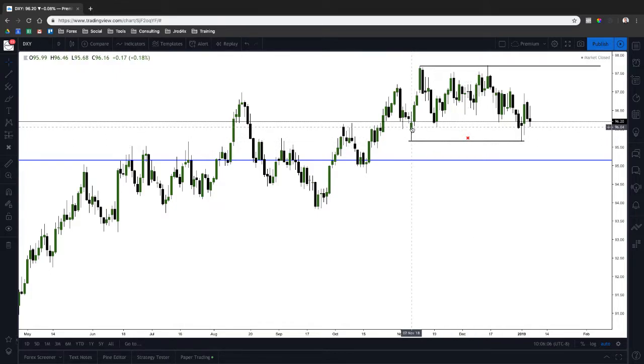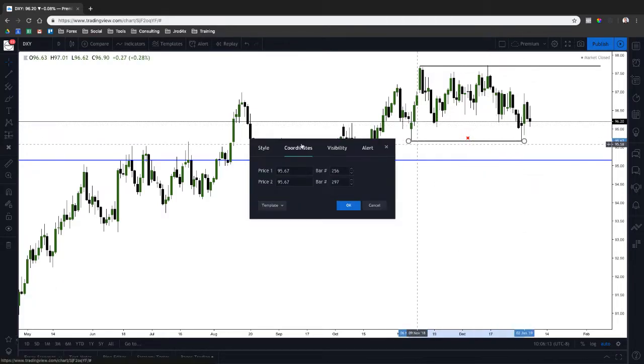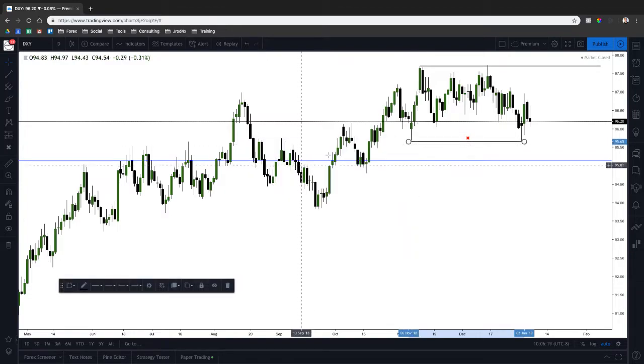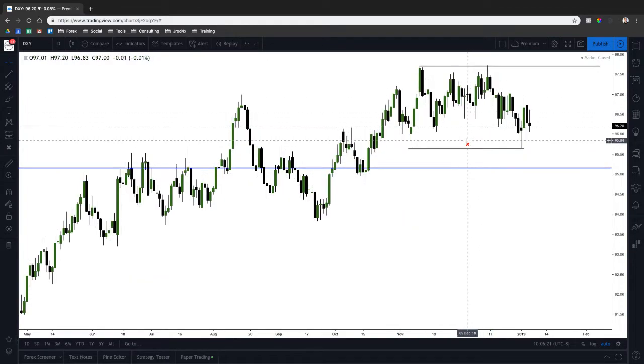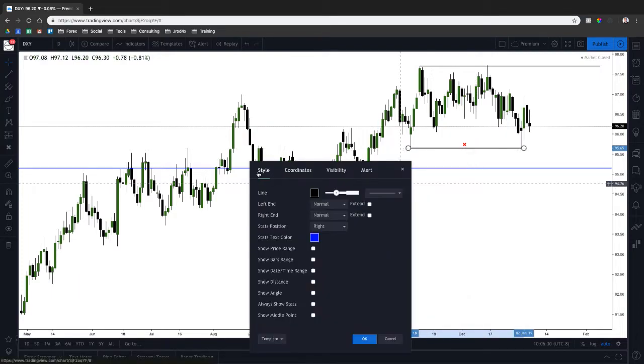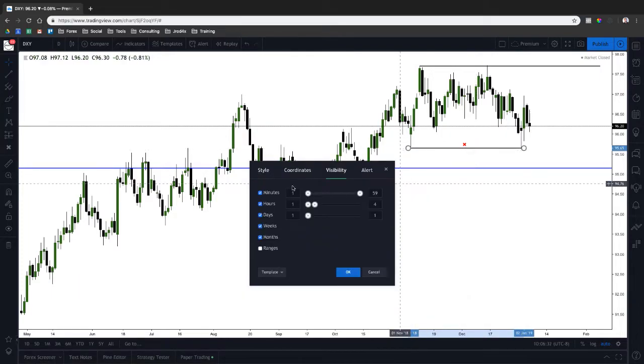And the low is 95.68. This low 95.65. So we're going to use 95.65. So this is kind of the consolidation or the range that we're trading within. We've got the equal lows and also the equal highs.